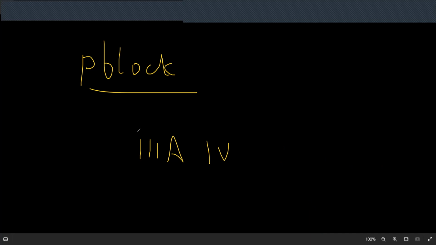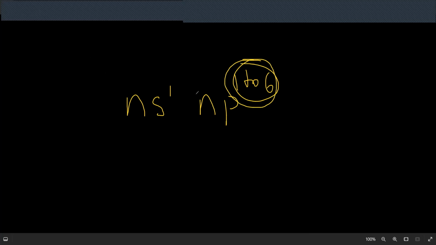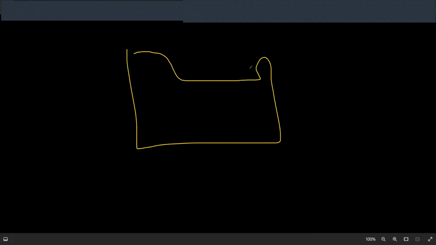Their general configuration is ns2 np1 to 6. These are the factors that change. Sorry, this is ns2, not ns1. Now, they include metals, non-metals, and metalloids. In the periodic table, they lie over here.